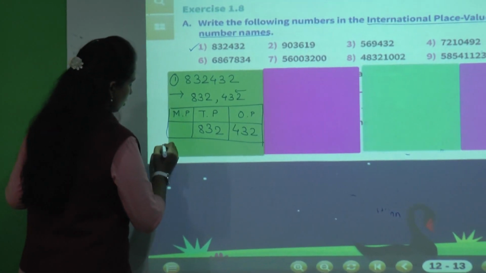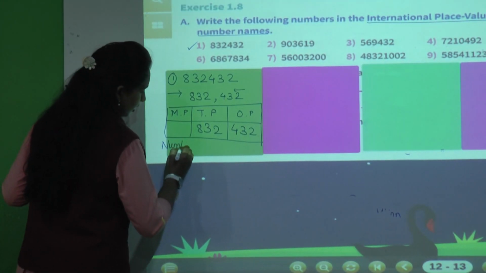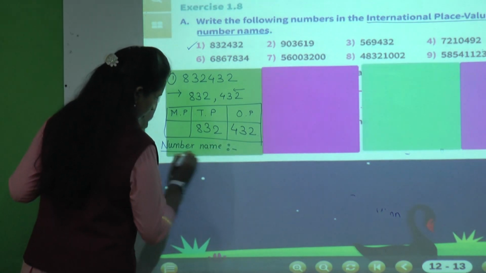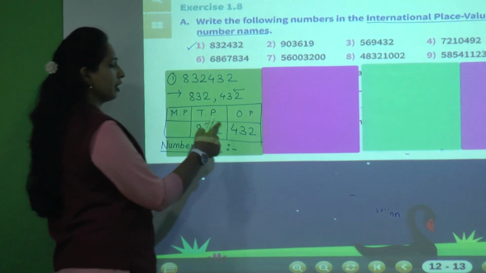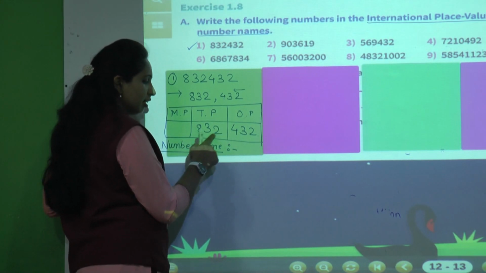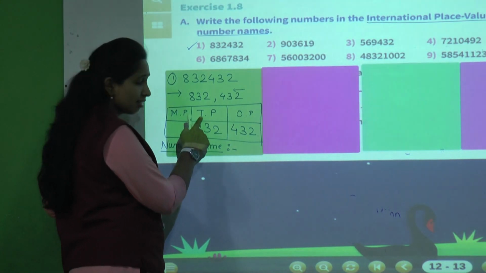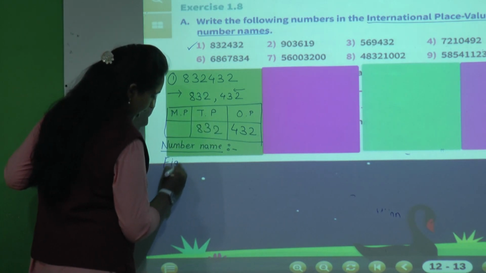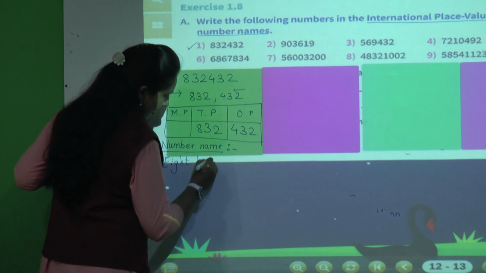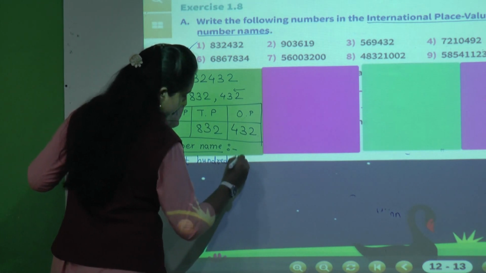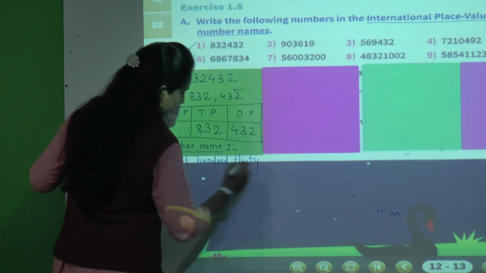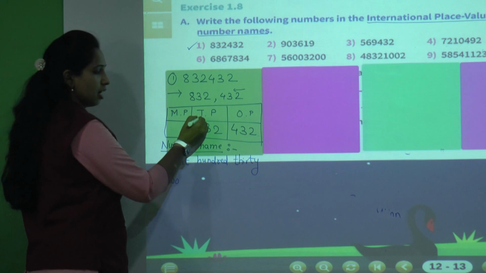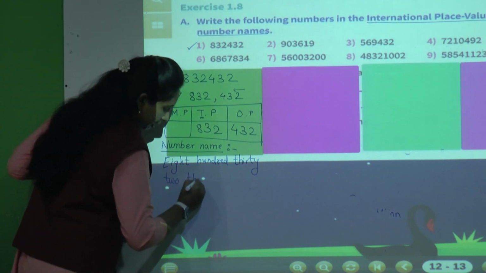Now we will write this number name. Can you read this number? 832, where is it? In the thousand period. So write 832,000. Don't forget to write thousand.